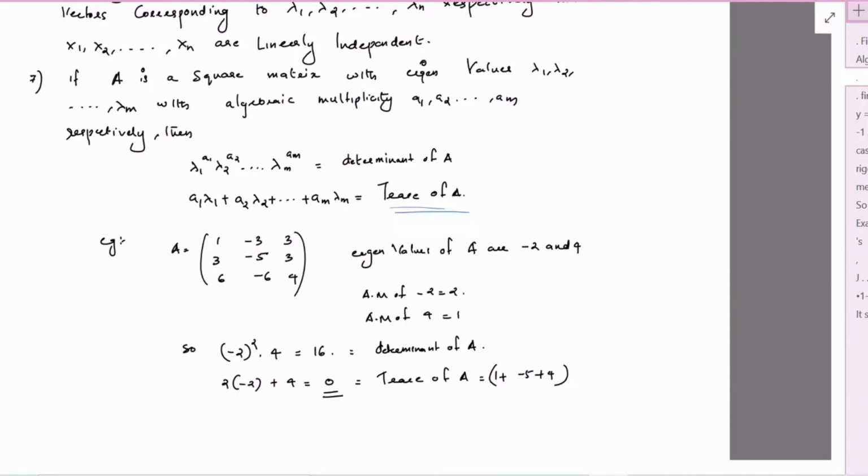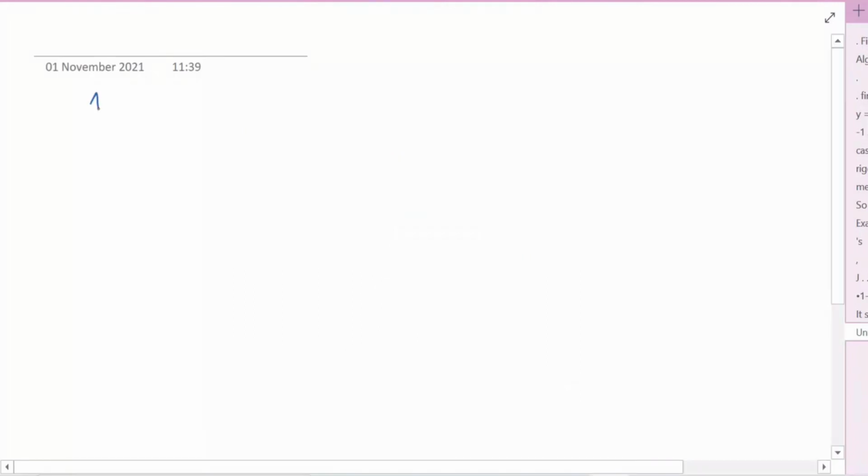Okay, I will give you an example. Suppose A has eigenvalues 2 and 3. A has characteristic polynomial (lambda minus 2) the whole squared into (lambda minus 3).